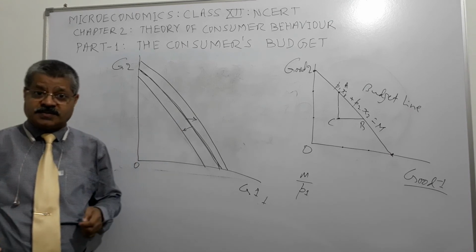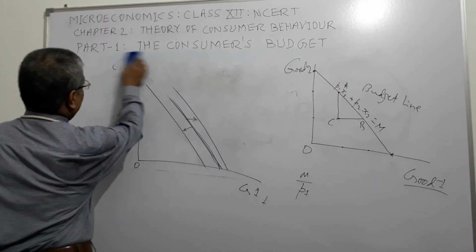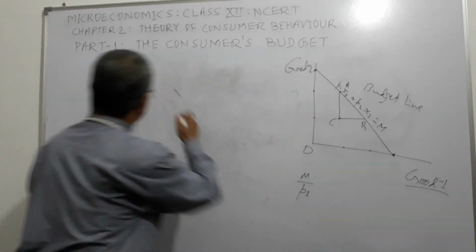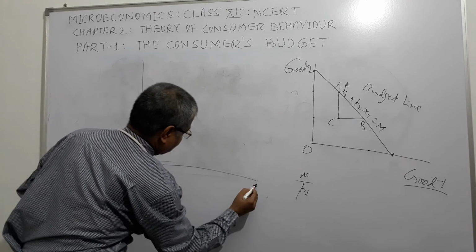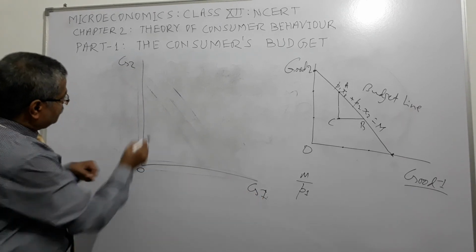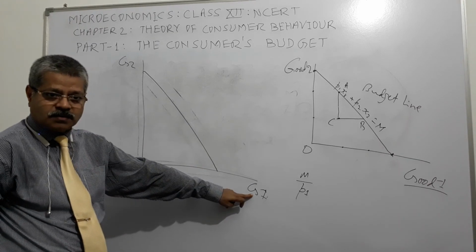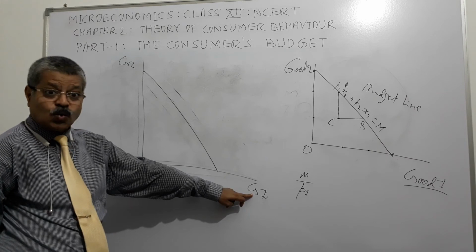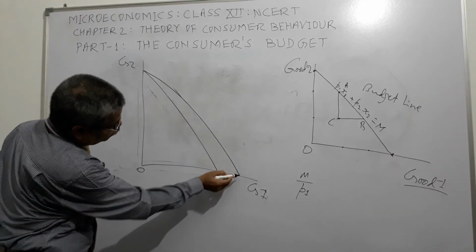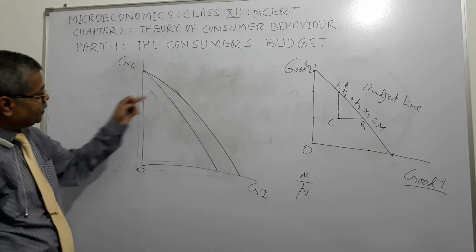Similarly, for the price of a commodity. Suppose this is the budget line. If the price of good 1 goes down, I can buy more of good 1, so the budget line becomes flatter.